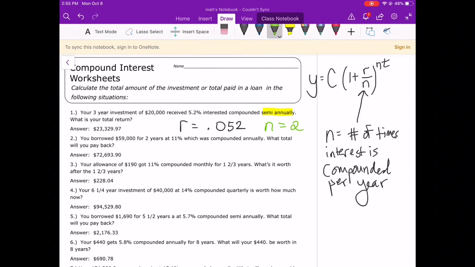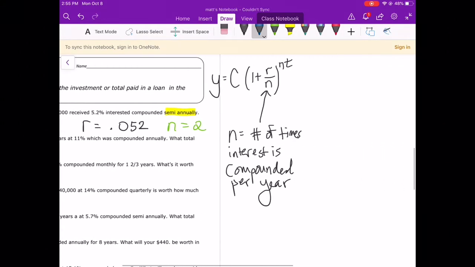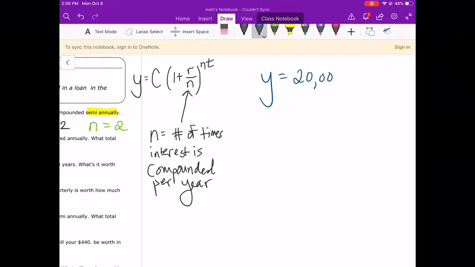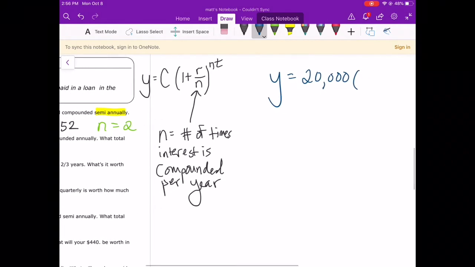All right, here we go. So let's go ahead and put all this into motion. All right, we're investing $20,000 at a rate of 0.052. So 1 plus 0.052, and then we're going to do that semi-annually, so that's why I'm dividing by 2 there.